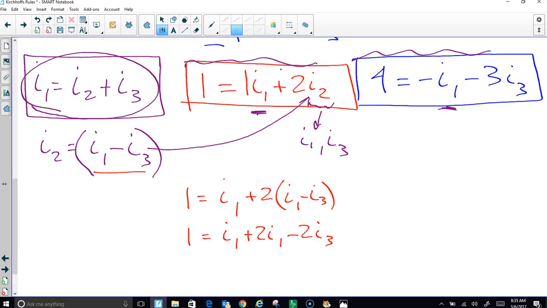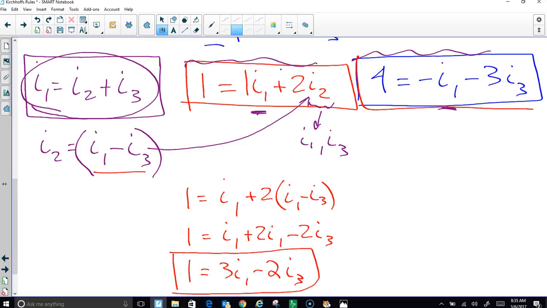I distribute the 2. And then you combine the like terms, the I1s. So you have 1 equals 3I1 minus 2I3. I'll give you a second to get caught up. But now I'm going to use this equation and this one to boil down to I1 and I3.